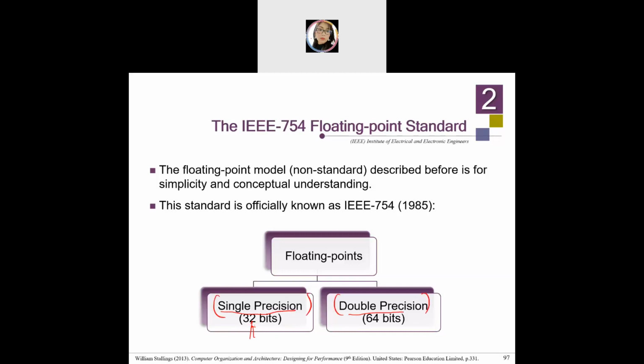They won't mention 32 bits or 64 bits, unless there is a question they just want to play around with. Whether you know or not, double precision is 64 bits, single precision is 32 bits.